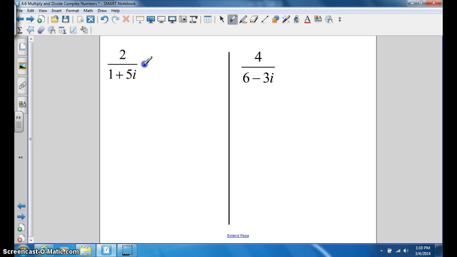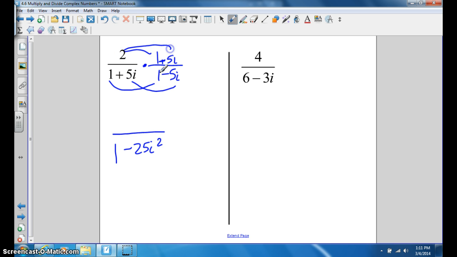So for our first example here, our conjugate is going to be 1 minus 5i. And on the bottom we multiply first terms, and we multiply last terms. So we have 1 times 1, which is 1, and 5 times negative 5 is negative 25i squared. And then on top, we take this 2 and distribute it to each term on the right.